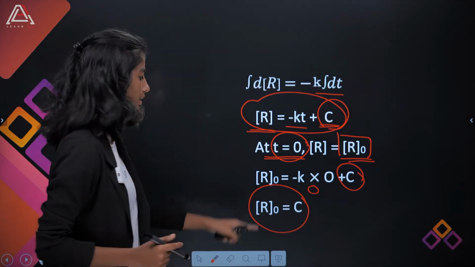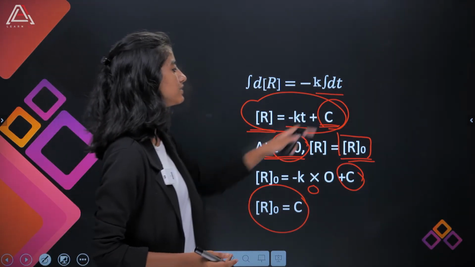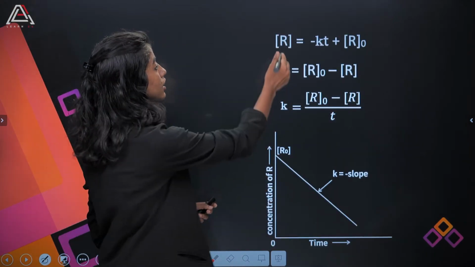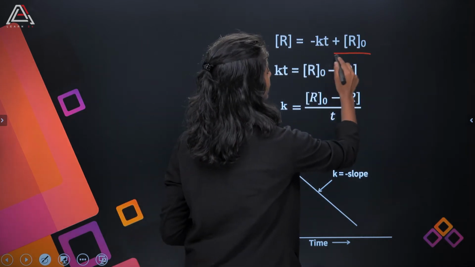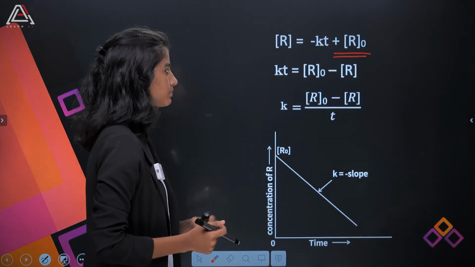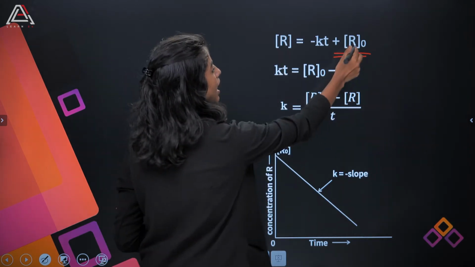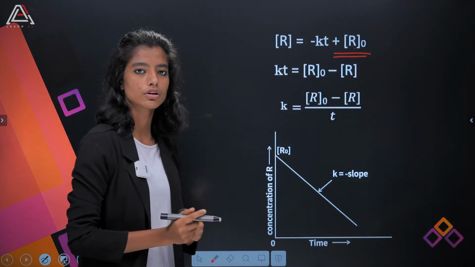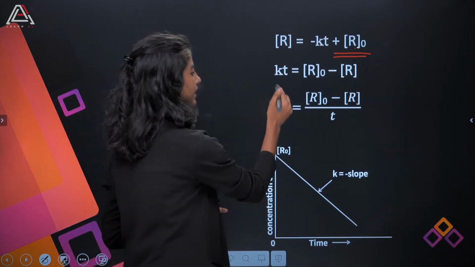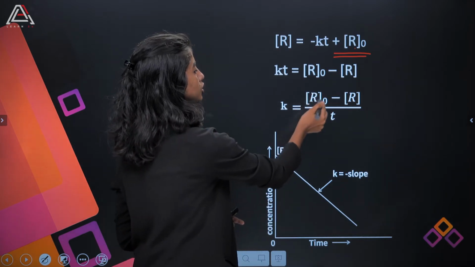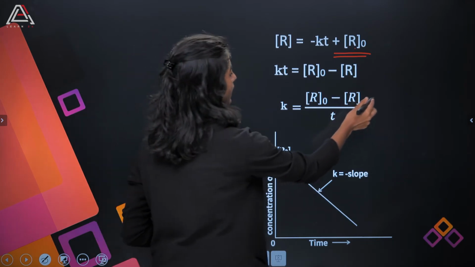Now we know the value for the C. Just replace this C in this equation. So the equation will become concentration of R is equal to minus Kt plus concentration of R naught, and we can rewrite this equation as Kt is equal to R naught minus concentration of R, and we have to know the value for this rate constant, and K will be equal to concentration of R naught minus concentration of R divided by t.